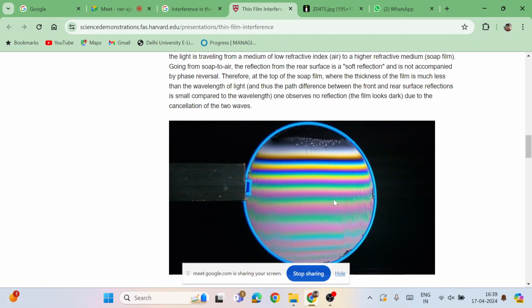Concentric circles will be there, and these circles are interference fringes. At a bright point, it satisfies the condition for constructive interference. At a dark point, it satisfies the condition for destructive interference. So the locus of the fringes in Newton rings will be circular, while in thin films it will be parallel, straight-line fringes.